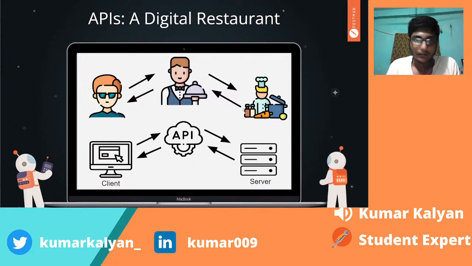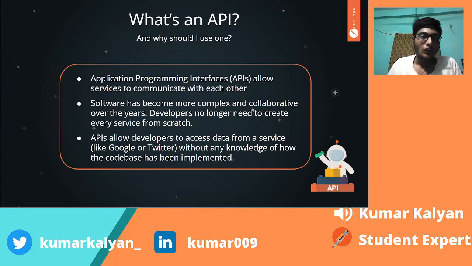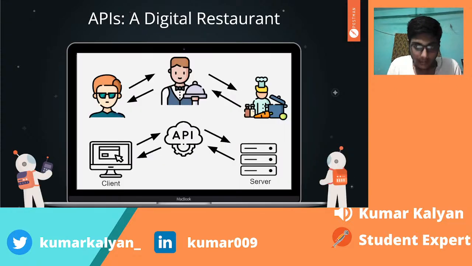So this is what we call request and response. If we send a request to the API, we are definitely going to get a response. So APIs, or application programming interfaces, allow services to communicate with each other. In this example, we can see the waiter is acting as an API. All it's doing is passing our request to the server and bringing back a response from the server.